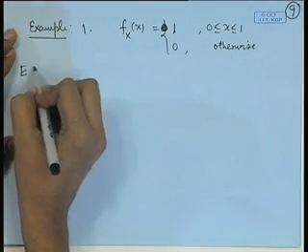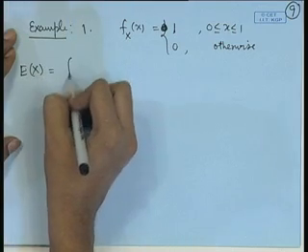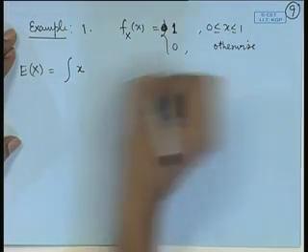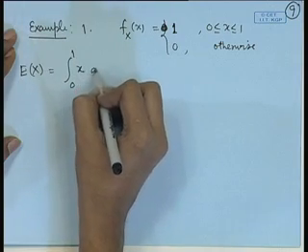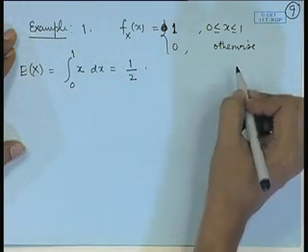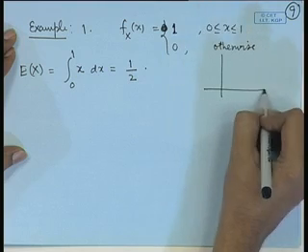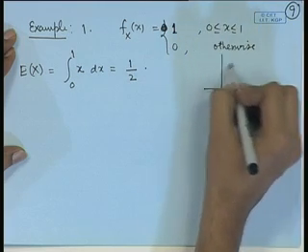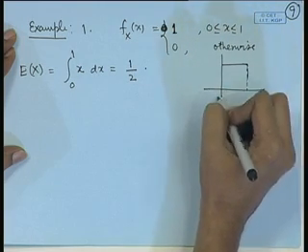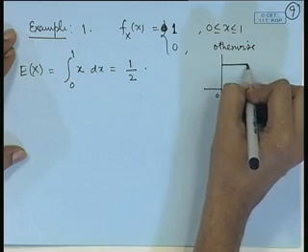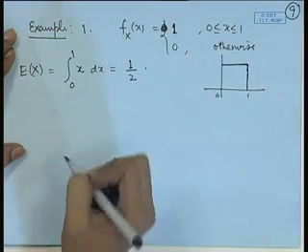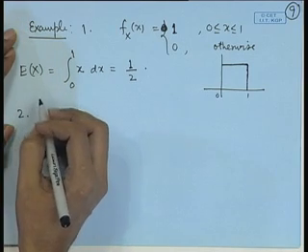So the expectation of x will become the integral of x times f(x), that is equal to 1 in this interval, and therefore you will have basically only this term, which is equal to half. This looks reasonable also, because if you plot this distribution from the 0 to 1 interval, it is actually a constant value, and therefore the mean value must be the middle value, that is half. Let us look at the next example.